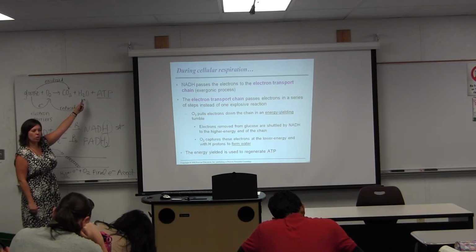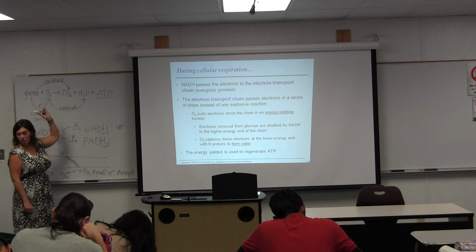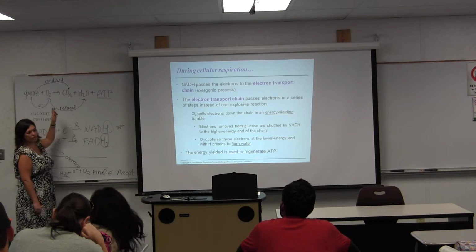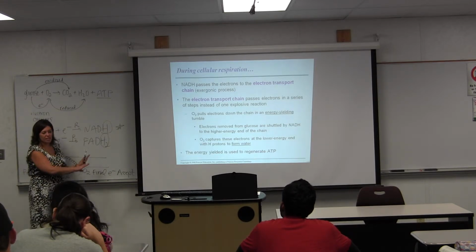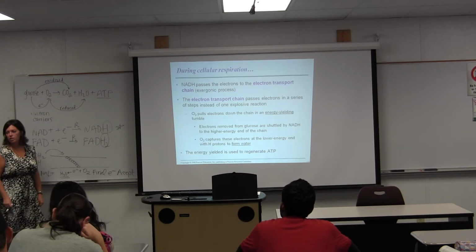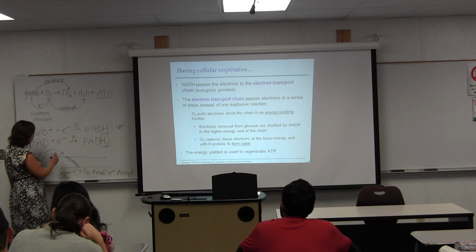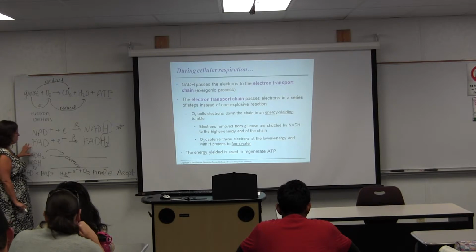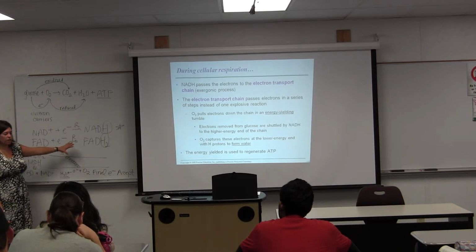This water forms as a result of those electrons that were taken away from glucose, which we then give to oxygen by these electrons moving down the electron transport chain. So we have these electron carriers with their electrons, going to the electron transport chain.